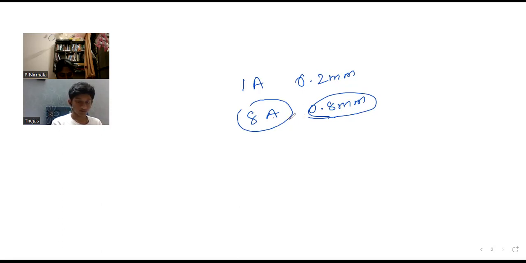Next, material of fuse. What type of material do we have to use for the fuse? Copper or aluminum, because the specific resistance is more. That's why we use copper or aluminum as fuse material.